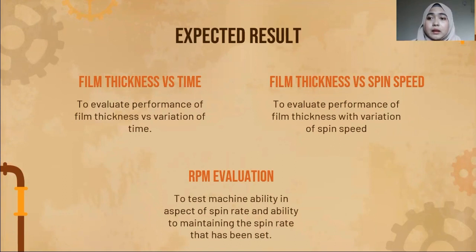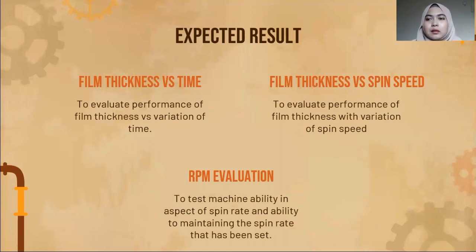And lastly, for RPM evaluation, it is to test the machine's ability in terms of spin rate and its ability to maintain the spin rate that has been set. The data set will be divided into two sections, which are high spin mode and low spin mode.